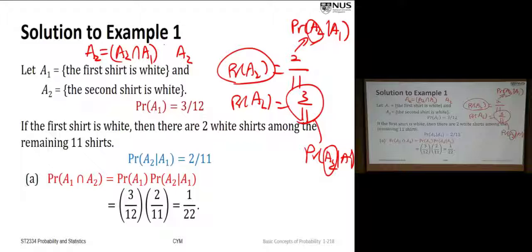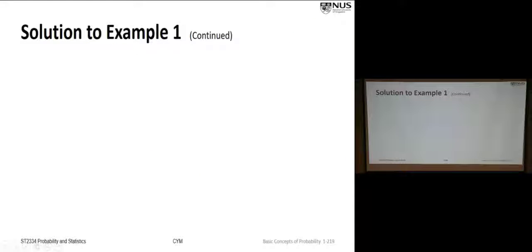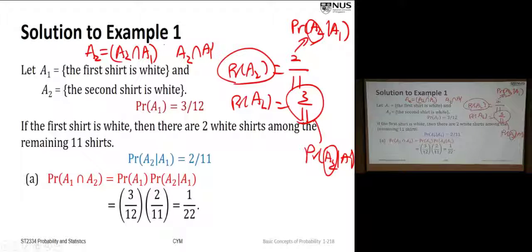A2 and A1 complement. Combine these 2. And they are exclusive events. So you just work on these 2 probabilities: probability of A1 intersect A2 and probability of A2 intersect A1 complement. So you still need those 2, but you have to modify it.